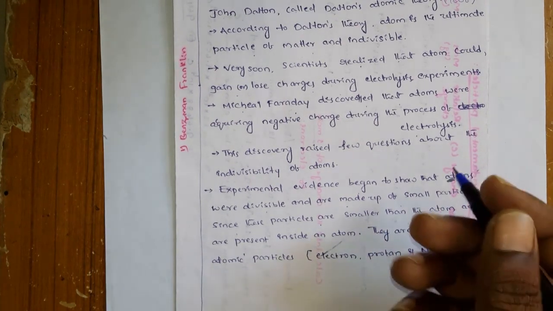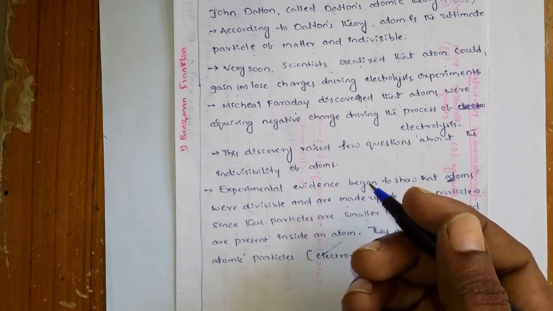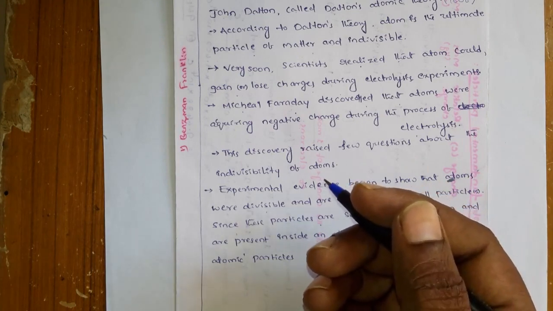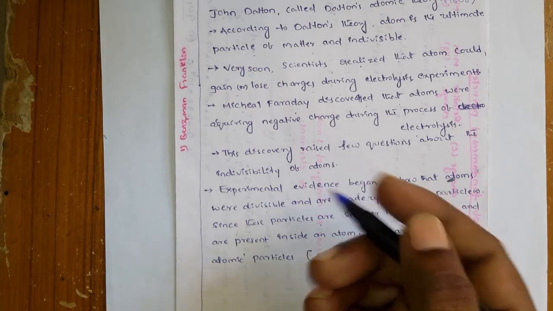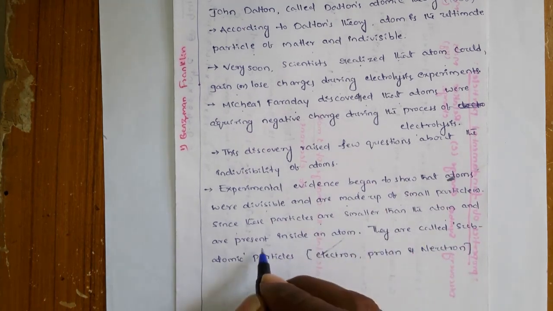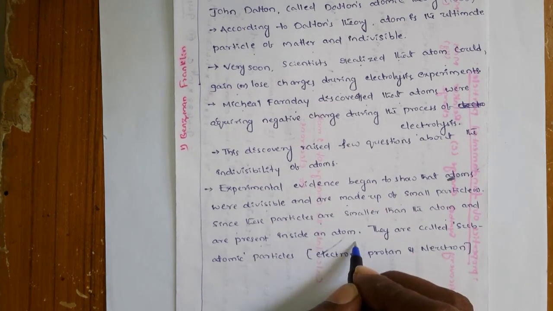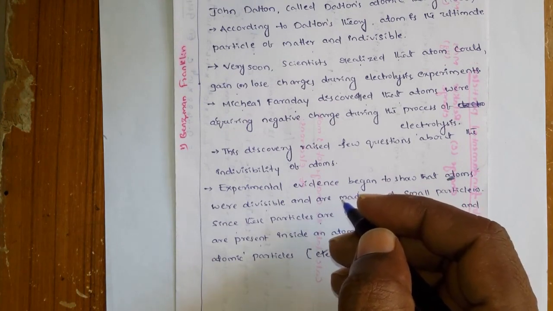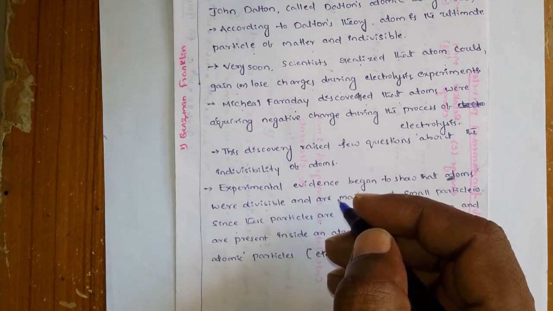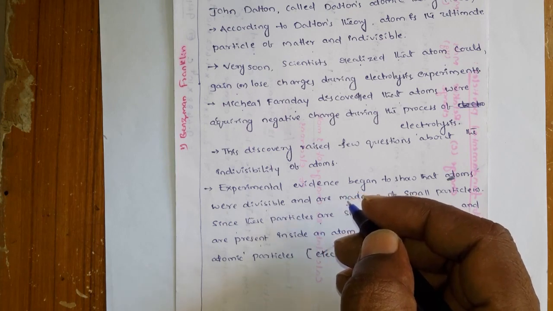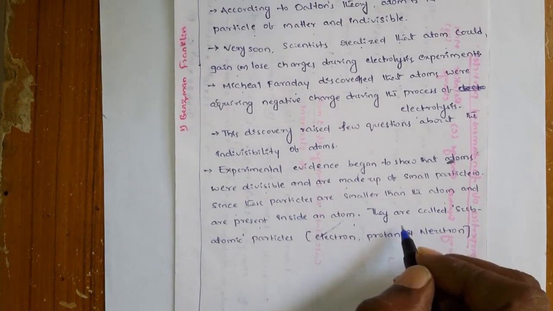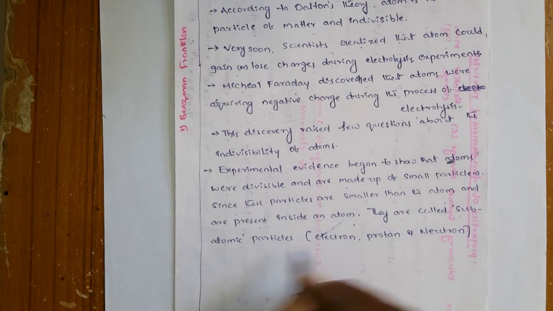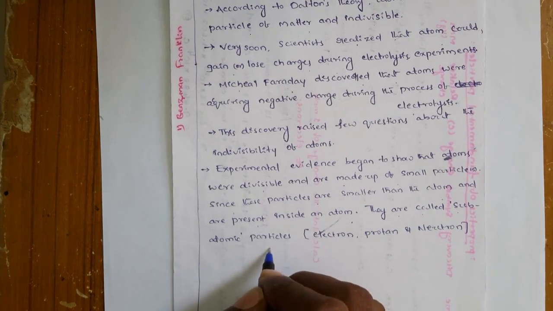So finally they concluded that the atom is not indivisible, the atom can be divided into small particles. And what are those particles? Those particles they called subatomic particles.